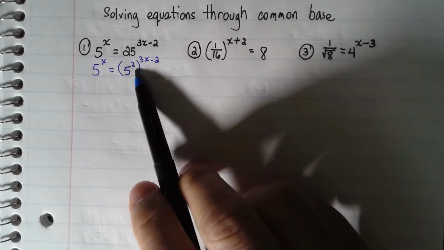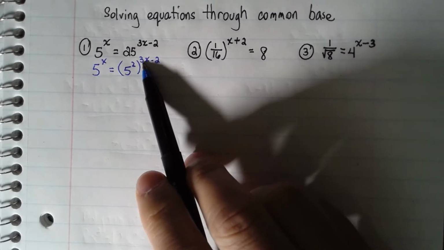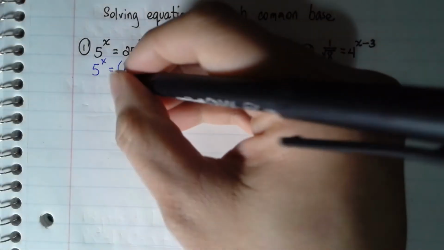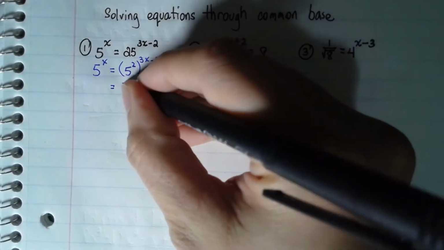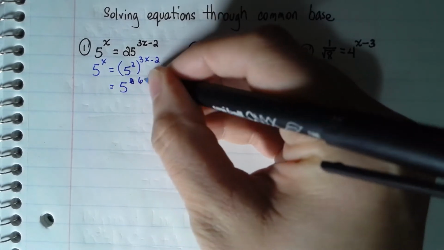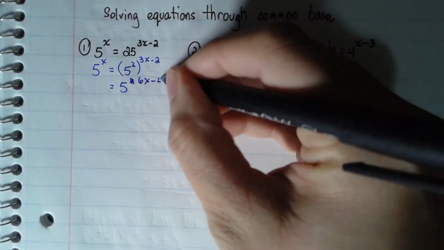When you have power to a power, you have to distribute. So this 2 will distribute to 3x, and this 2 will also multiply to that negative 2. Two times 3x is 6x, and 2 times negative 2 is negative 4.